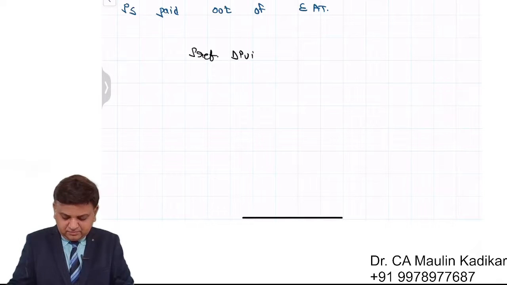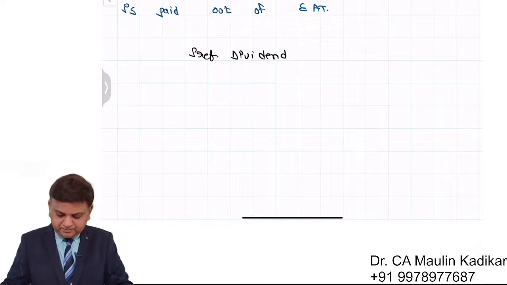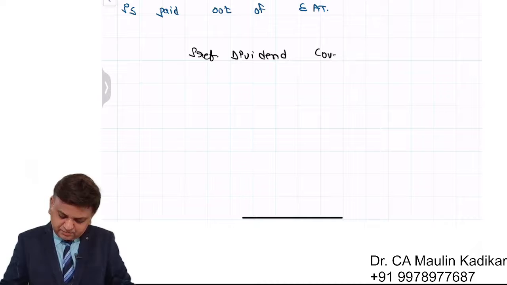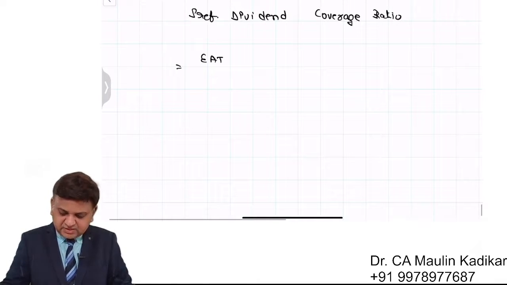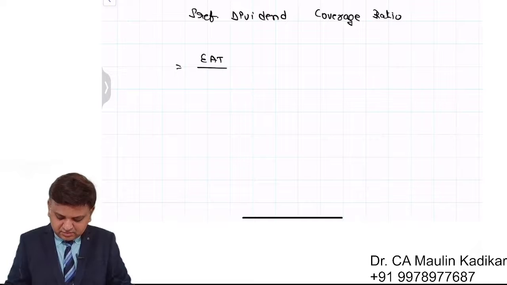So that is one answer. Preference dividend coverage ratio. It is earning after taxes upon preference dividend.